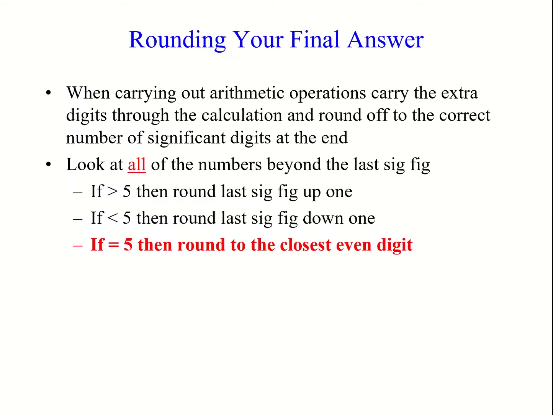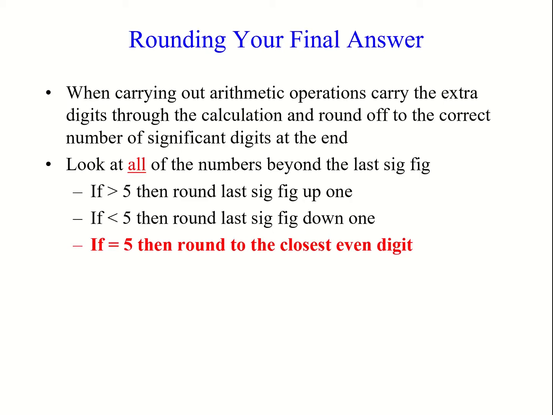Sometimes we need to round off our answer depending on how many significant figures we should report. When carrying out arithmetic operations, it's best to carry the extra digits through the calculation and round off to the correct number of significant digits at the end. So round off the final answer.